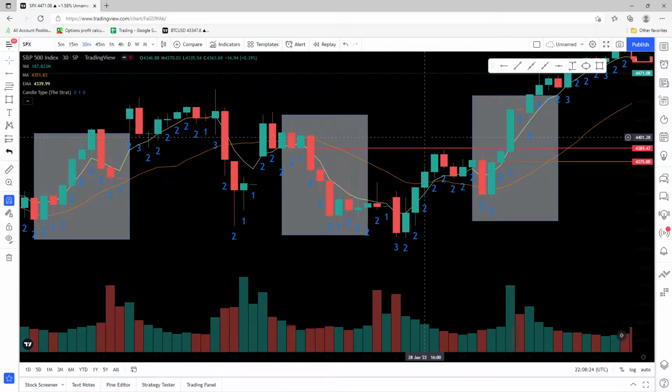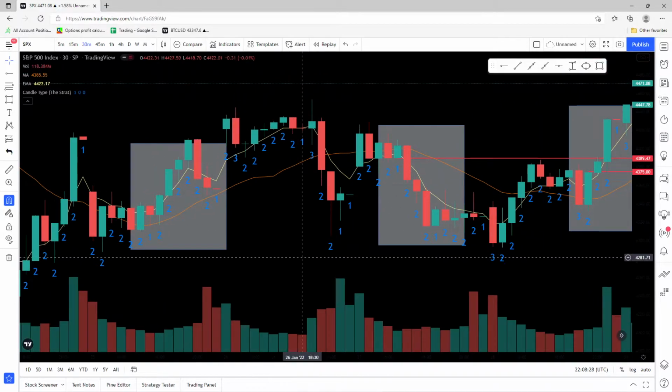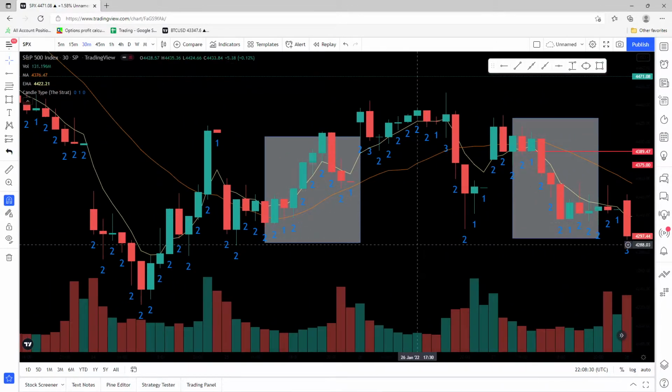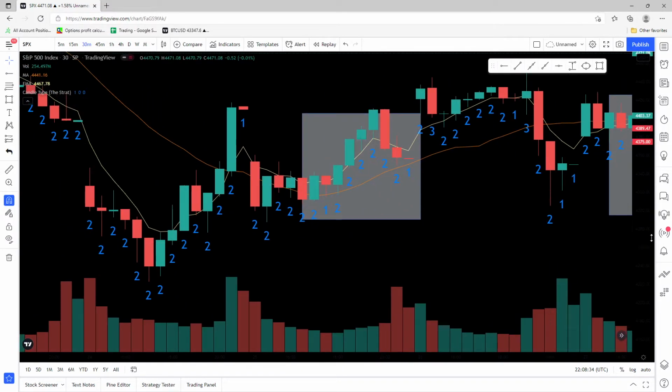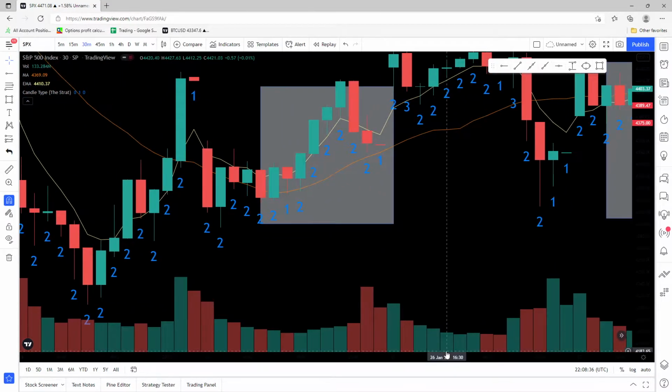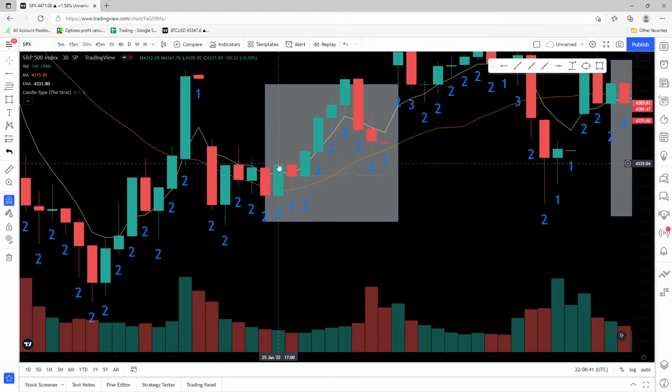So that's the next thing we're going to get into: what are some of the combos when using the Strat. One of the easiest ones, at least for me, is the 2-1-2. You see right here we have a big green 2, and then we have a 1.